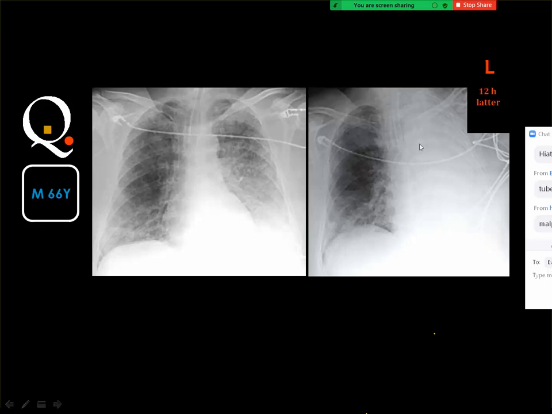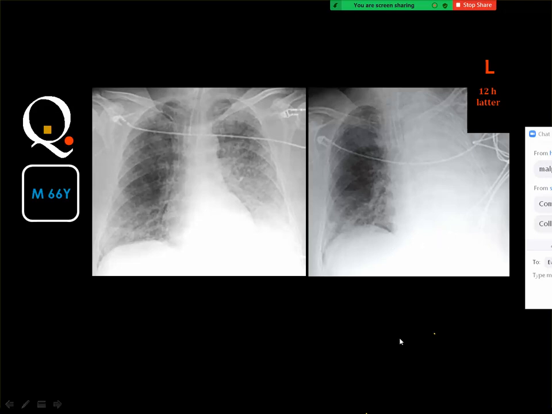And no, if you look carefully, you will see that the endotracheal tube is well above the carina, and you are right to think of displacement of the tube, but if you look also carefully, you see that the tube is pointing towards the left lung, which is collapsed or opacified.